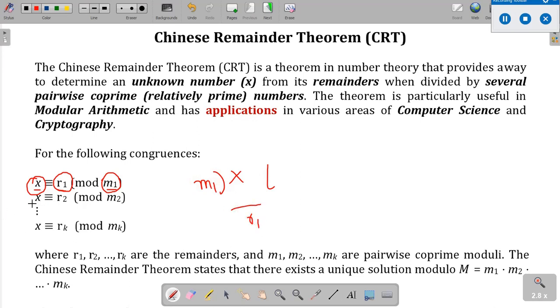Similarly, the same x will be divided by another number m2, then we get remainder r2, and so on. There may be 3 or 4 or 5 different dividers, and these dividers must be co-prime. I mean m1 and m2 must be co-prime. What is co-prime? The GCD of m1 and m2 will be 1.